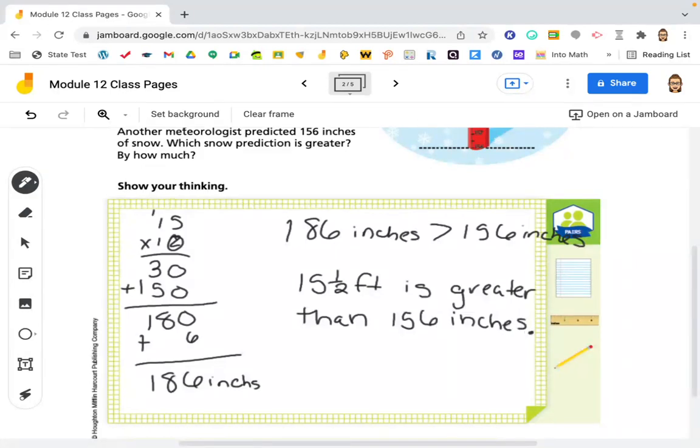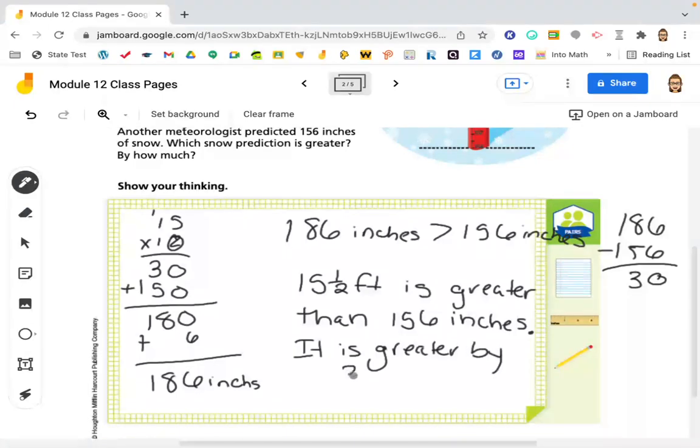Then it asks by how much, so we would do 186 minus 156. That would give us 30. So it is greater by 30 inches.